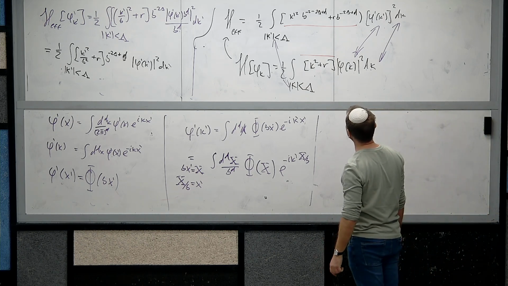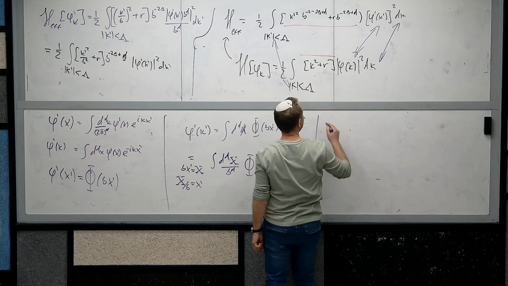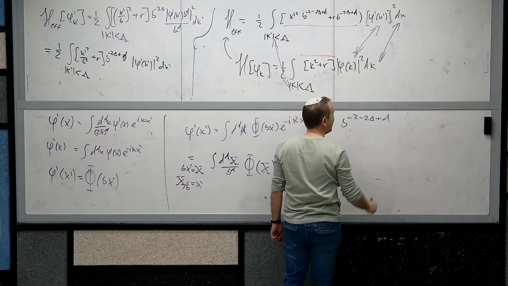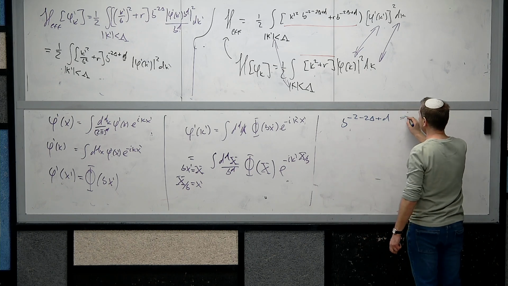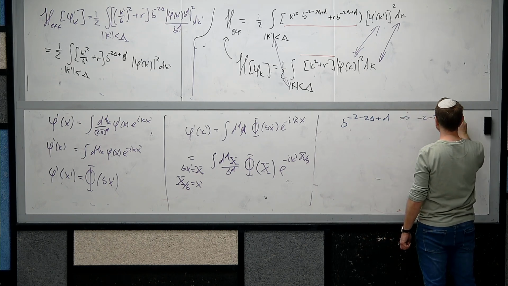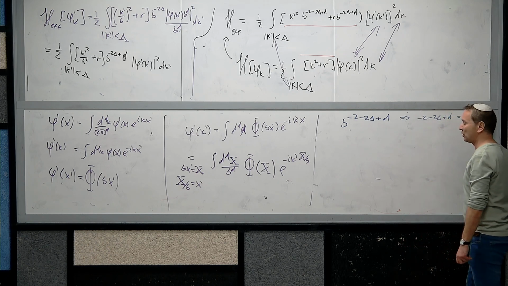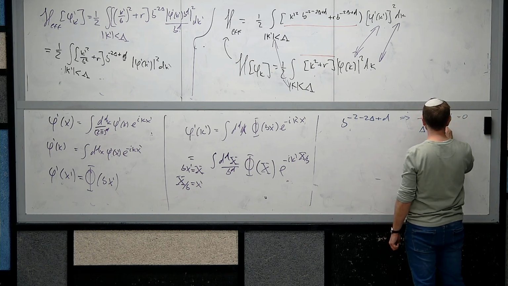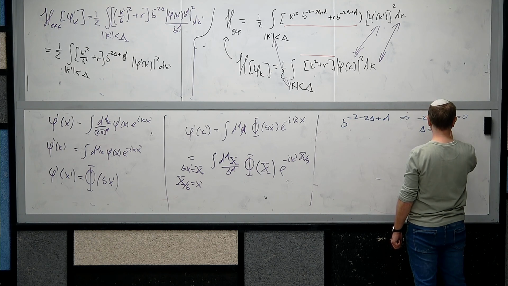So I'm looking at this, and I'm saying, if I take b to the minus 2 delta plus d, and I choose delta such that minus 2 delta plus d equals 0, so delta equals d minus 2 divided by 2.